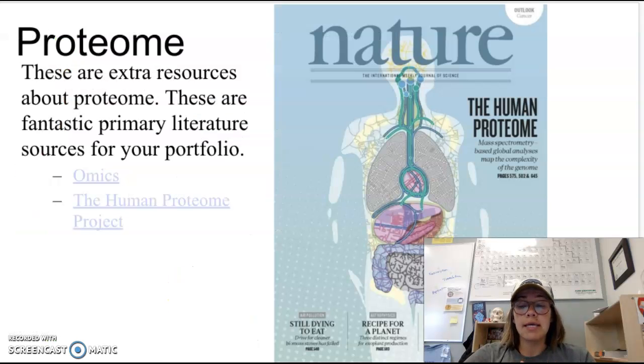The proteome is a really up-and-coming area of research, but the proteome is essentially all of the proteins that the human body makes. And we do have different varying levels of them because our genetics are different, right?